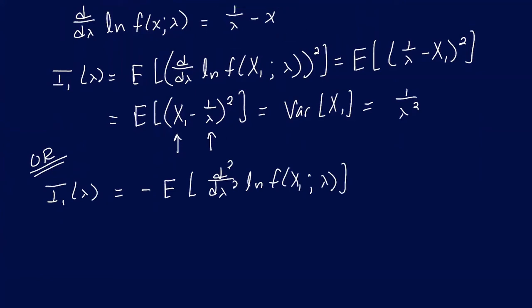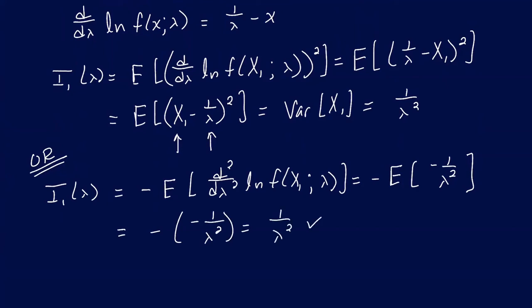So when I take the second derivative with respect to lambda, I get negative 1 over lambda squared minus 0. So the x's are completely gone. And so we're looking at the expected value of a constant. It's like the expected value of 5 is 5. We get negative 1 over lambda squared. So the one-dimensional Fisher information is 1 over lambda squared again. We got the same thing, which is always a good thing.